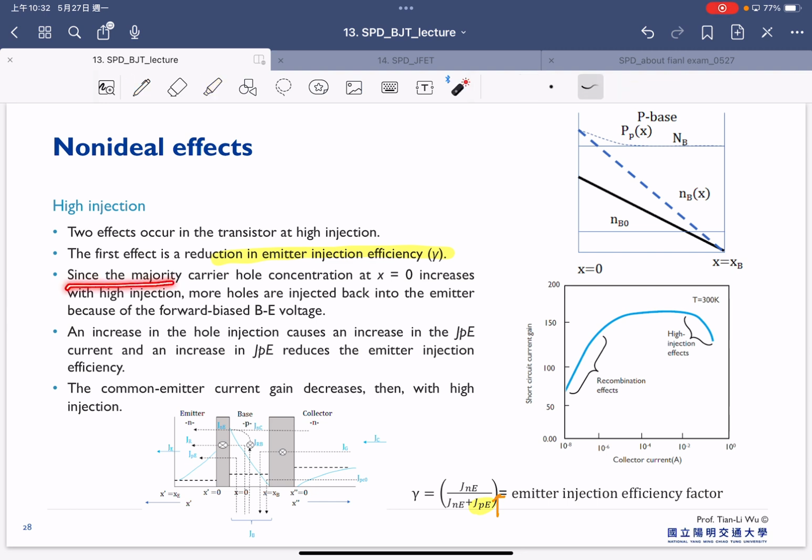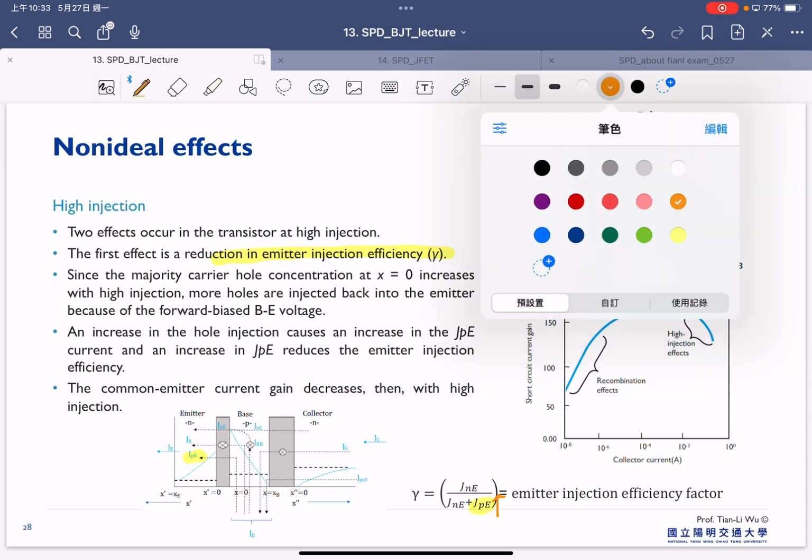Since the majority carrier hole concentration at x equal to 0 increases with a high injection, more holes are injected back into the emitter because of the forward bias of the base-emitter junction. So right now, at this part, we have the higher hole concentration, and this higher hole concentration will start to inject back into the emitter part, which is this one.